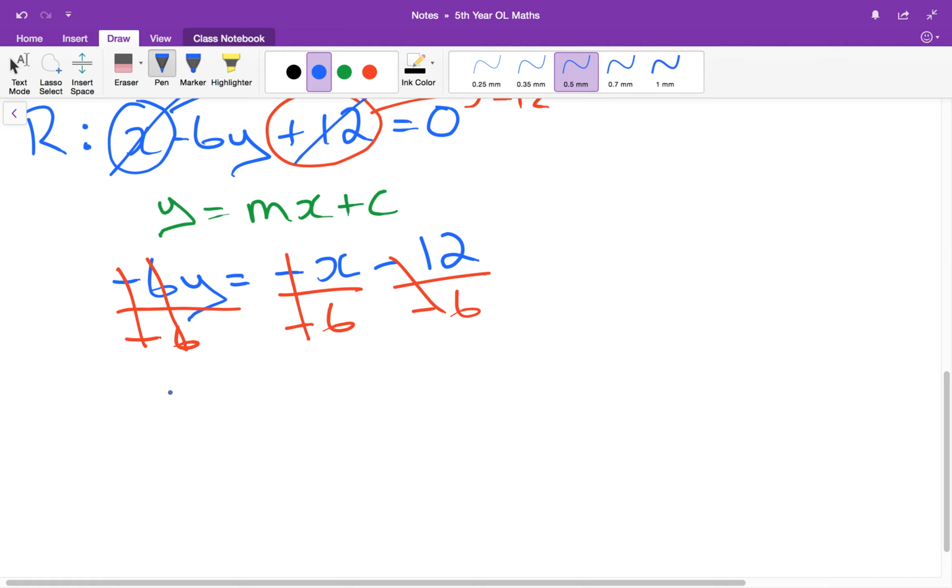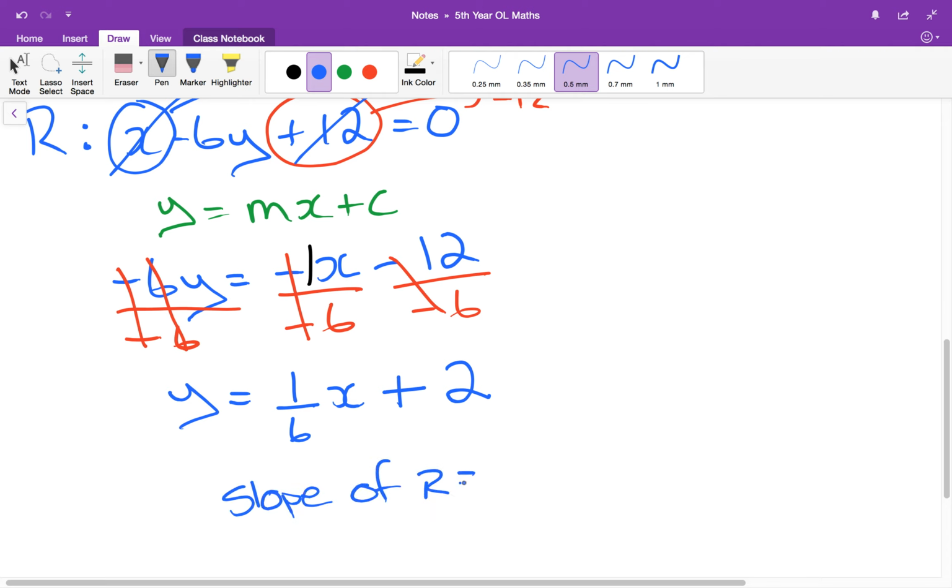So that leaves us with y equals. Now there's no number here, and if there's a missing number like that, it's always a 1. So separate your slope from your x, so it's 1 over 6 x, and then minus divided by minus is a plus, and 12 divided by 6 is 2. So now you can clearly see that the slope of OR is 1 over 6.